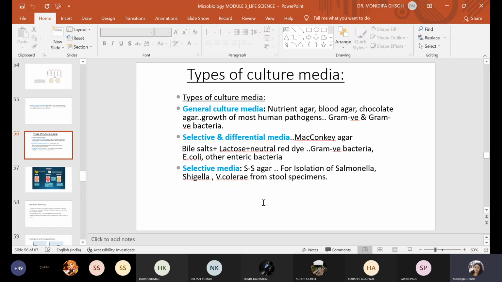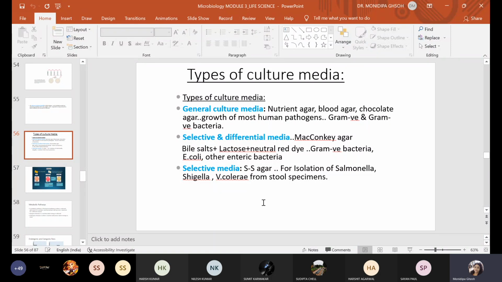So if you have a mixture of bacterial colonies with mixed populations of gram positive and gram negative bacteria, and you culture in this selective media, only the gram negative bacteria will grow, gram positive will not grow. So you can easily screen the bacterial population.